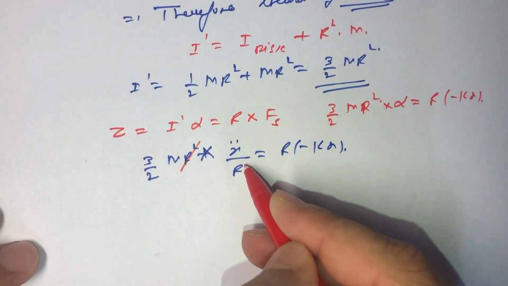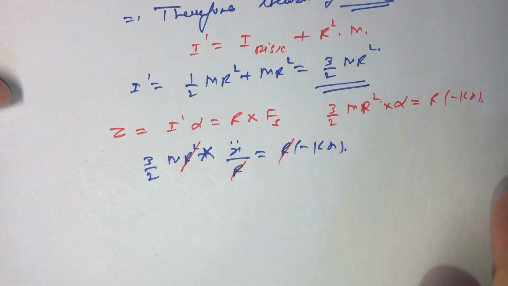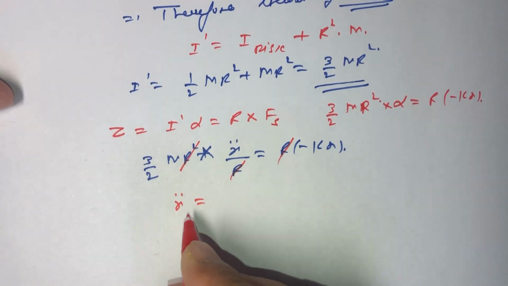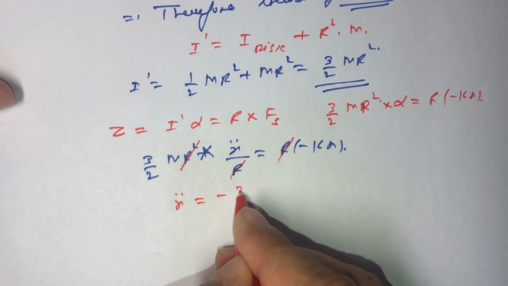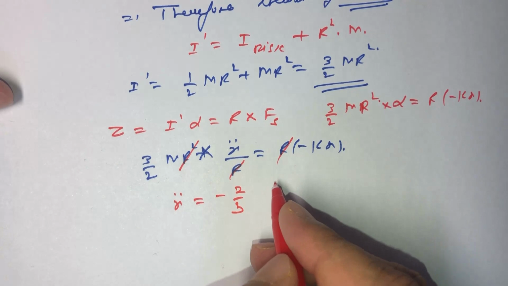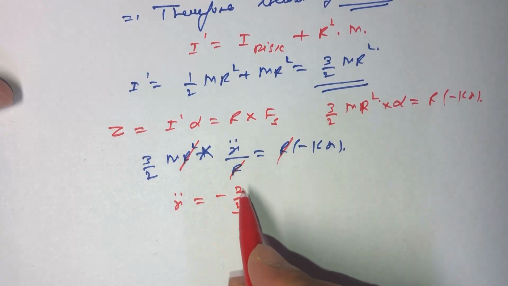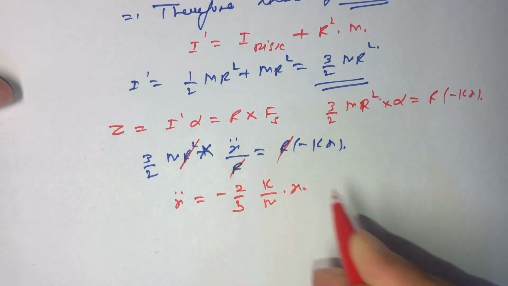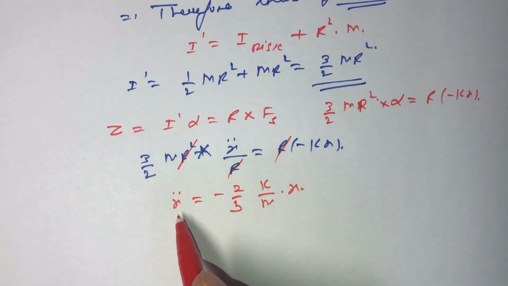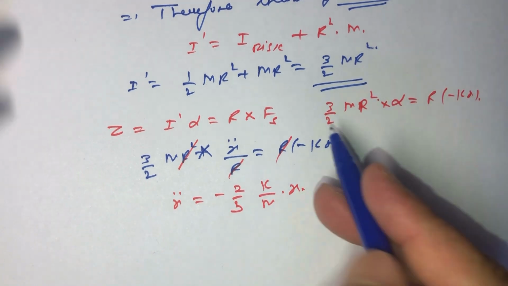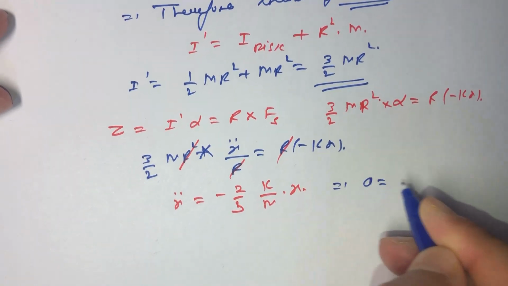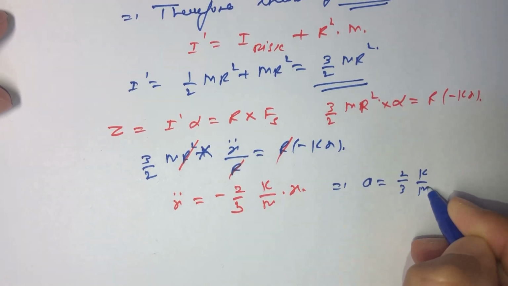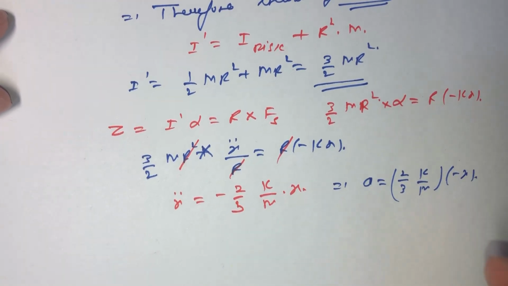So this r square goes with these two r. So from here we get that the double derivative of x will be equal to minus 2/3 kx divided by m multiplied by x, and the double derivative of x is nothing but acceleration. So therefore we get a is equal to minus 2/3 k upon m times x.